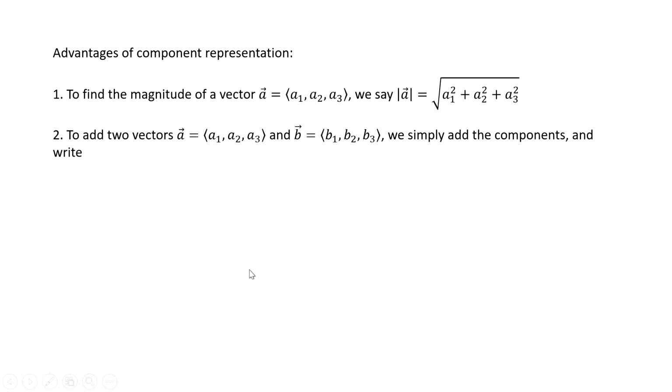For example, a plus b, if a is given by a1, a2, a3 and b is given by b1, b2, b3, a plus b is simply: take the x component here and the x component of the second one, add them up. That becomes the x component of the sum. a1 plus b1, a2 plus b2, a3 plus b3. Cool? I'll solve a few problems based on this.